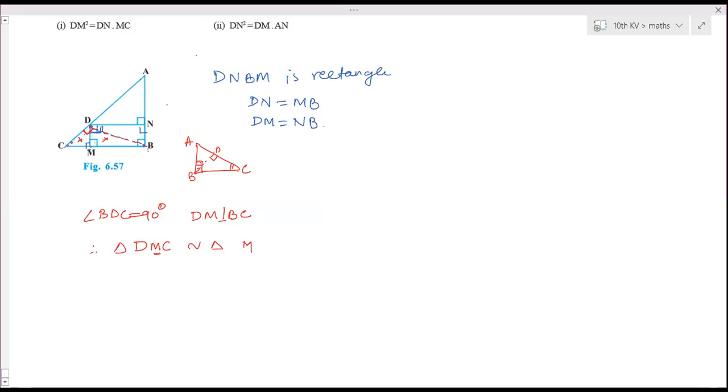Angle C is equal to angle MDB, so in place of C you should place D, and in place of D you have to place B. BMD. Is it clear? Writing the name should be very clear.